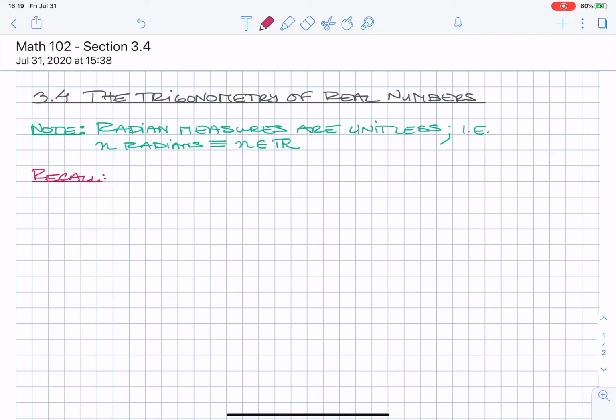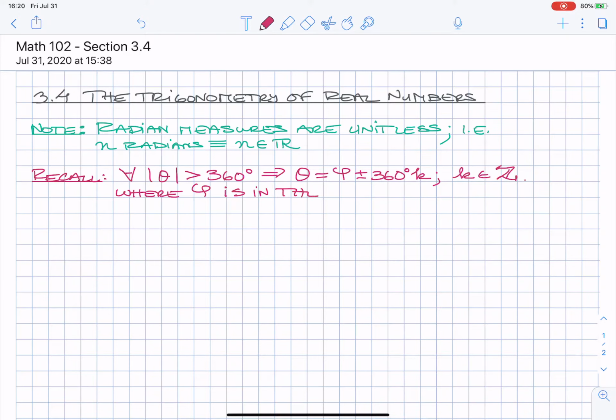For all theta who in absolute value have a measure greater than 360 degrees, this implies that theta is equal to phi plus or minus 360 degrees times some integer k, where k is an element of the integers, and phi is in the same position as theta, because if I go full circle, I'm right back to where I began, on S1, the unit circle.